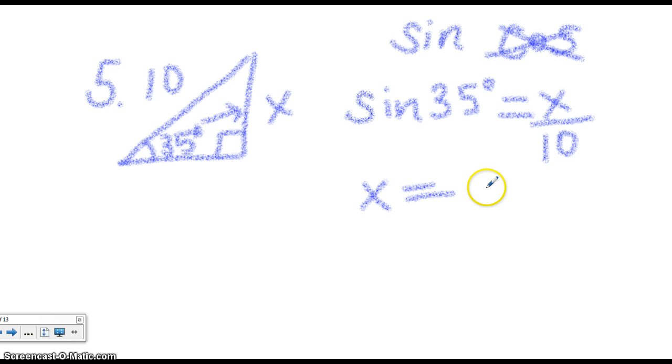So x equals 5.74. And let's see if that answers down at the bottom, and they have it as 5.7. So we'll have to round just a little bit. And we better put our label on there that that is inches. That is the coolest thing that you can do with trig ratios. Let's try another one.